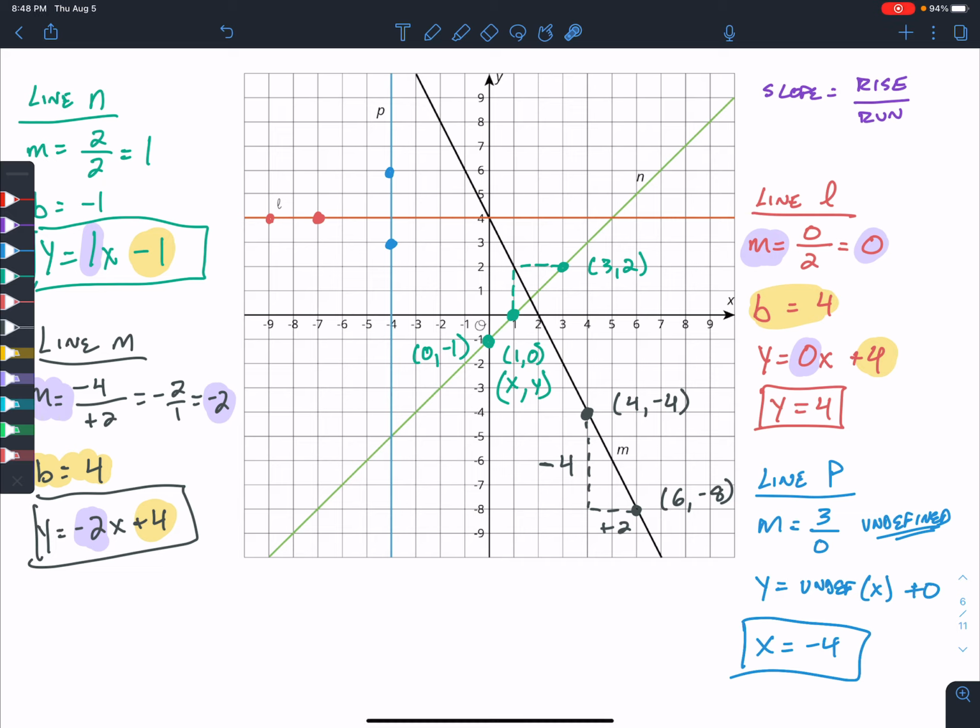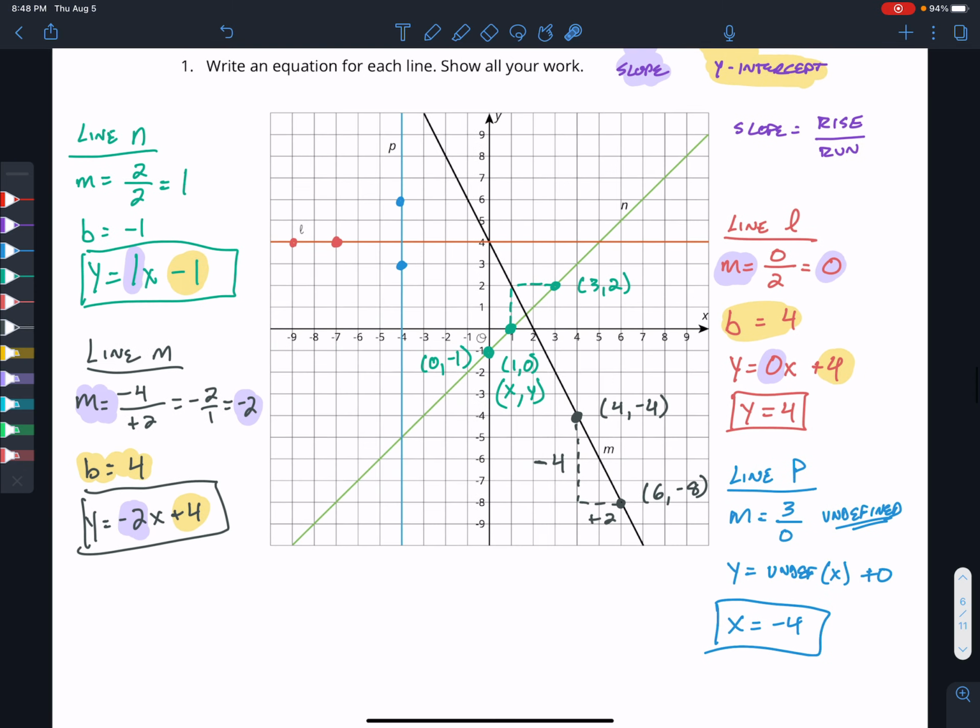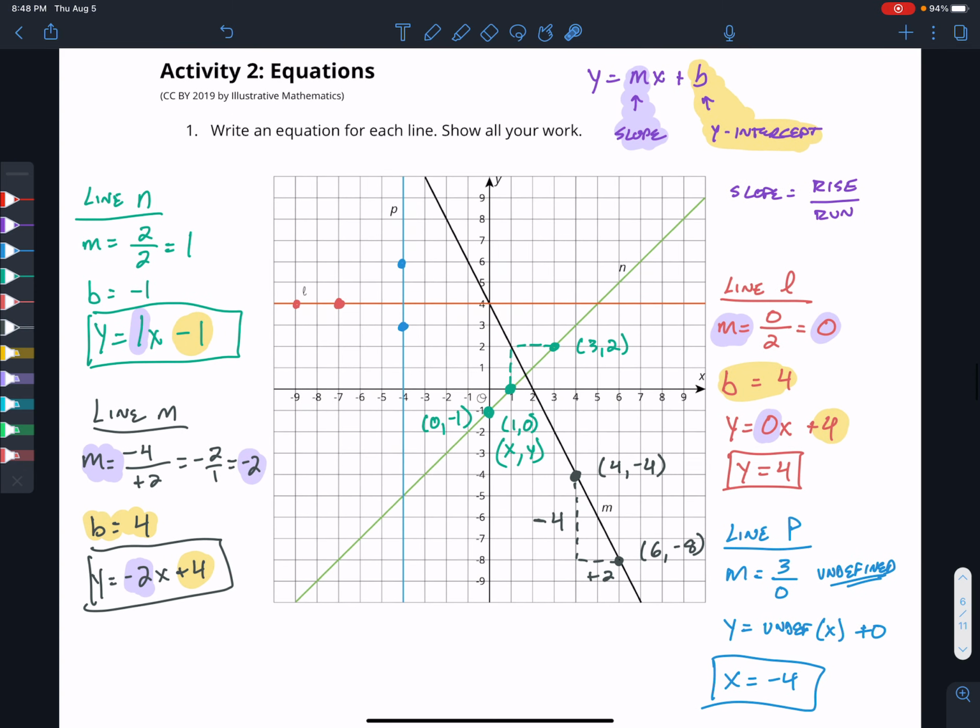So since it's an undefined slope, it doesn't cross the y-axis, we just say this is the line x equals negative 4, and that's it for that one. So hopefully that helped with this set of equations as well, and finding the slopes for these, or the equations for these.